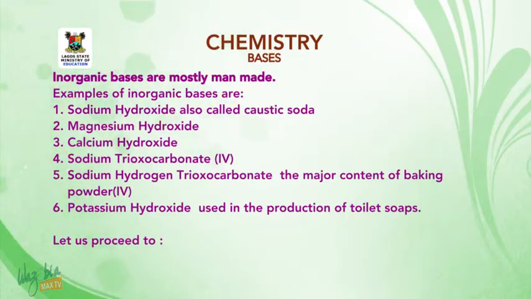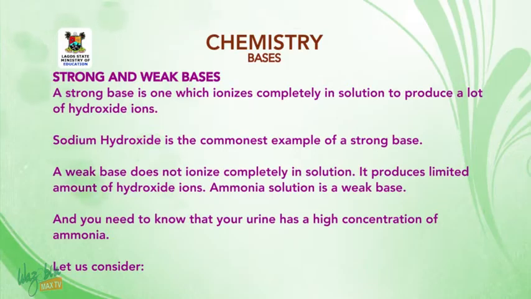Let us proceed to strong and weak bases. A strong base is one which ionizes completely in solution to produce a lot of hydroxide ions. Sodium hydroxide is the commonest example of a strong base.